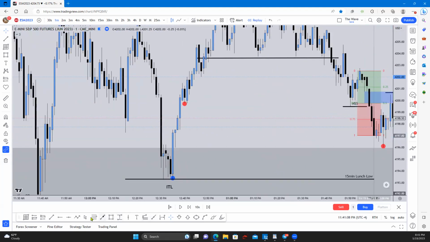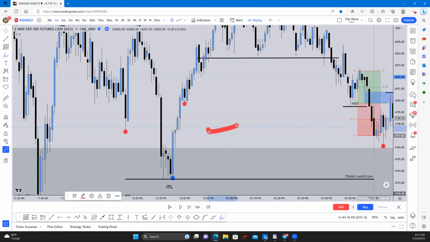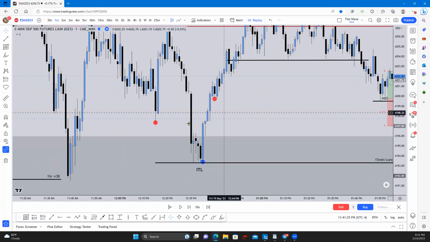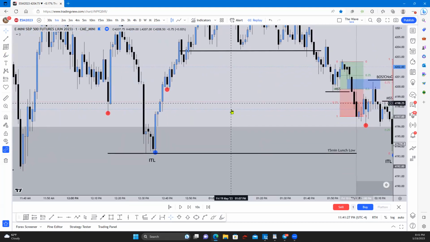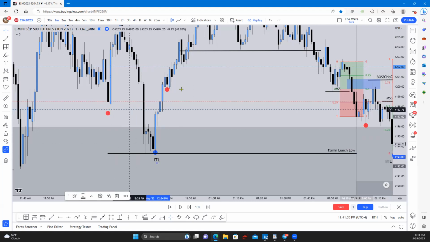So we'll make this one red. This is where we get into this market structure. Okay. So, ooh, I'm just drawing all over the place. Okay. So, an intermediate term low has two short-term lows to the left and the right of it.